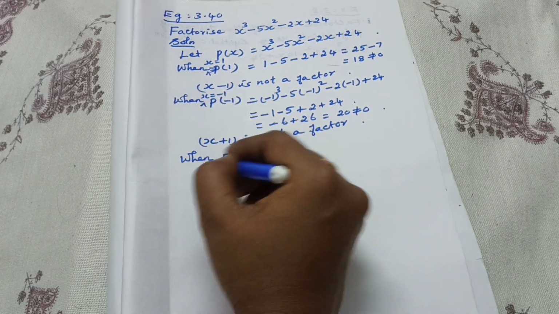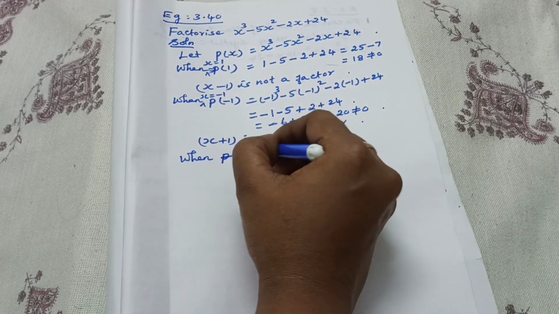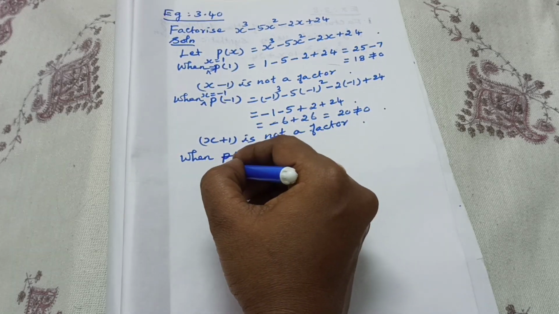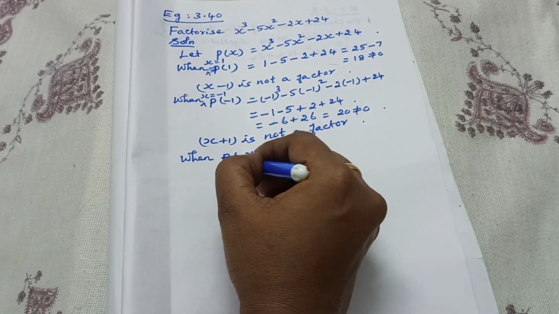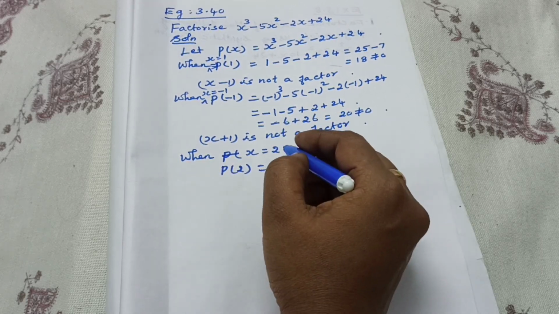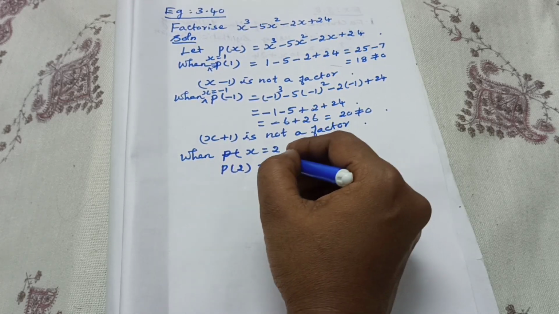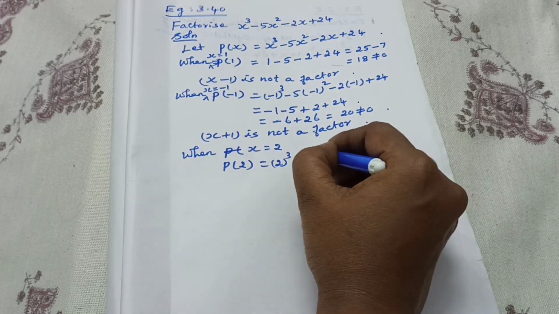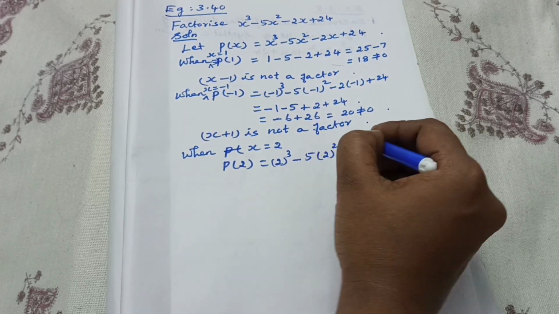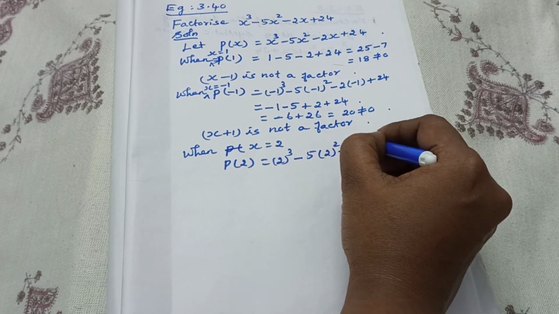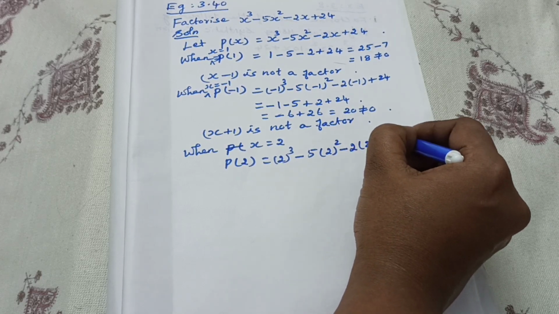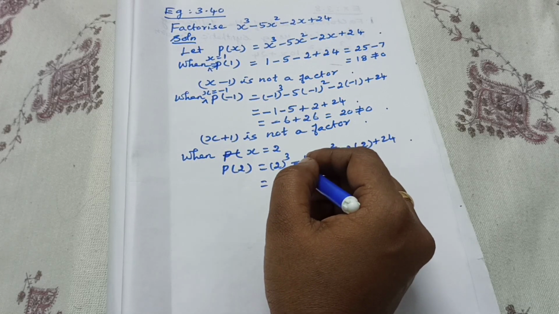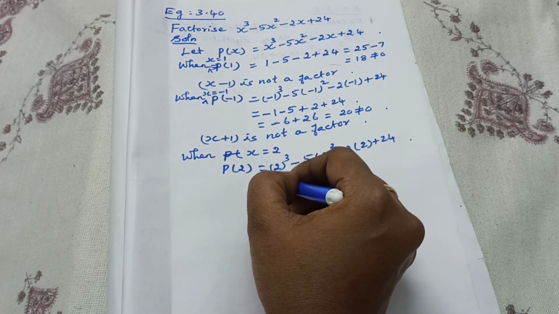Like that here also when x is equal to 2, P of 2 is equal to, in place of x we have to substitute 2. 2 the whole cube minus 5 into 2 the whole square minus 2 into 2 plus 24. Then equal to 2 into 2's are 4, 4 2's are 8, isn't it?